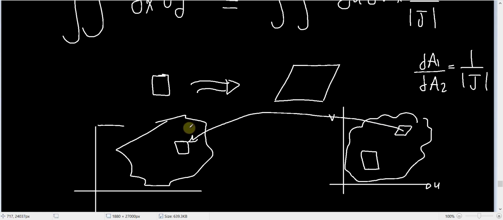Because this scaling factor will also apply even if I choose a rectangular area right here, du dv. In fact, this rectangular area right here will get mapped to a parallelogram area in the original space, but the scaling factor between this area and this area will still be the same.